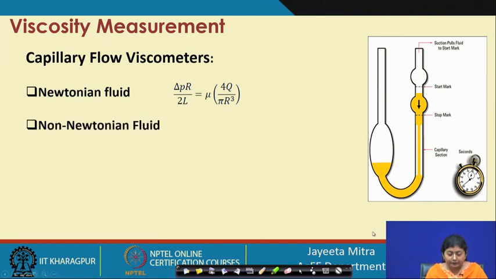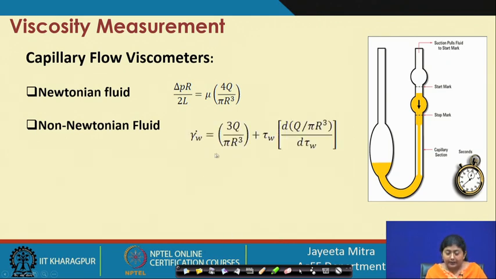Now, for the non-Newtonian fluid, similarly we can find that the shear rate at the wall, gamma w dot, will be equal to 3 Q by pi R cube plus tau w, that is shear stress at the wall, into d of Q by pi R cube divided by d of tau w.